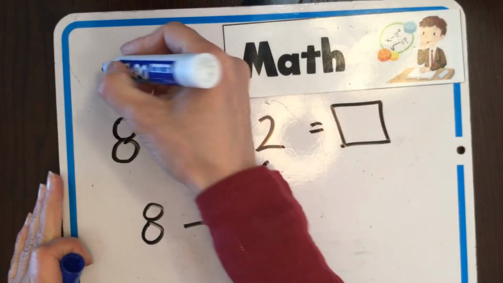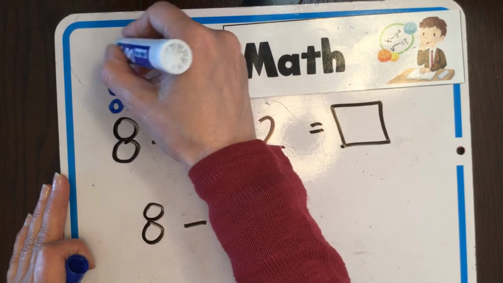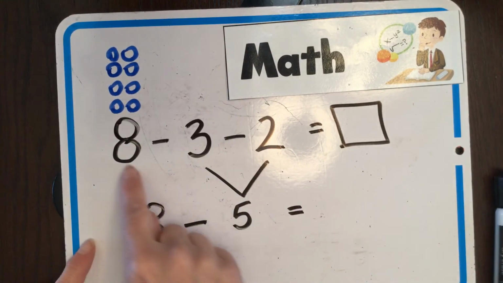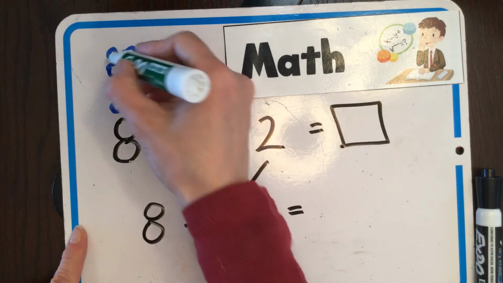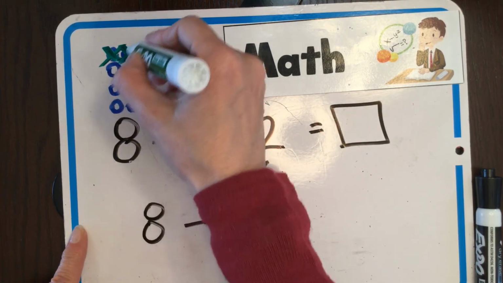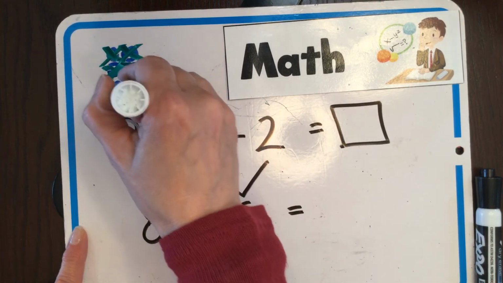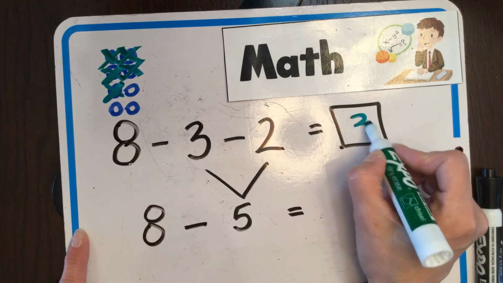If I had 8 slices on my pizza, I'm going to start with my nice clear 8 pizza slices. They don't look like a pizza, but that's okay. If I want to follow this equation, I would first take away 3, and then I would take away 2 more, and I would easily see that I have 3 left over.